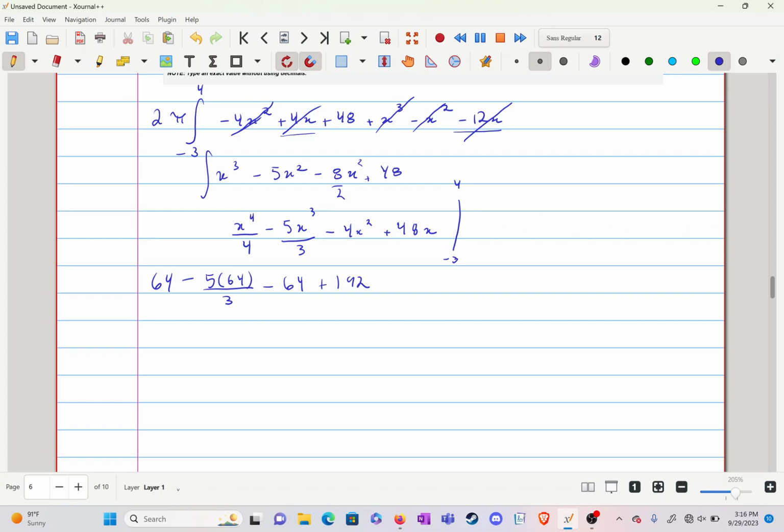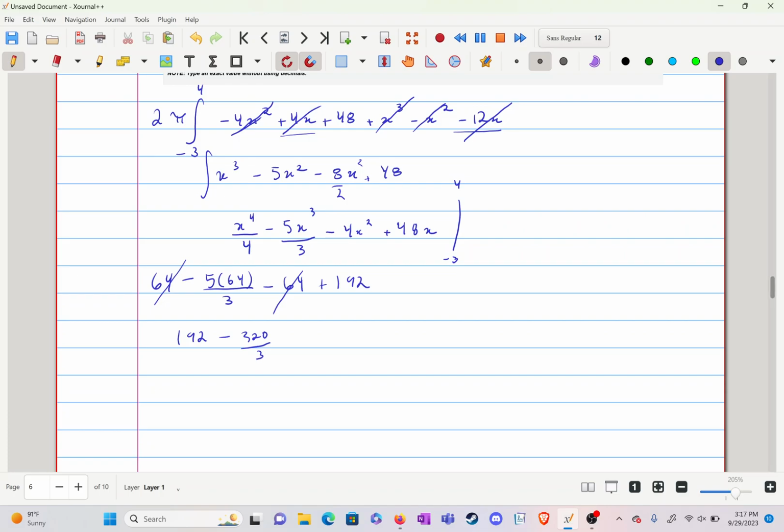Okay, great. Let's double check that x to the 4th divided by 4 is just 64. So 64's do indeed cancel. And so we have 5 times 64 divided by 3, not divisible. So that is just going to be 192 minus 320 over 3.